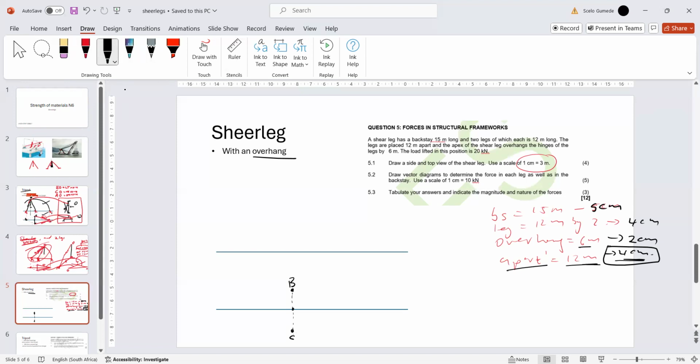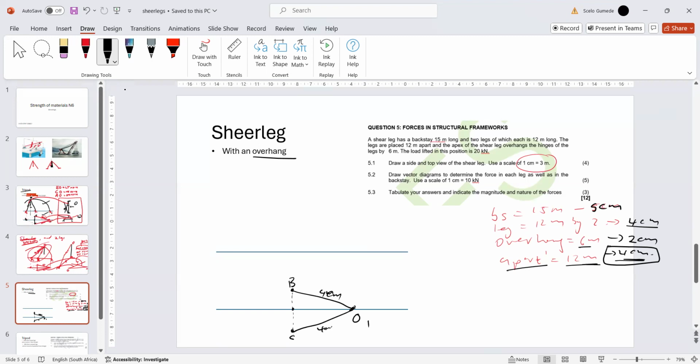Now, how long are the legs? The legs are 4 centimeters because they are 12. 12 divided by 3 is 4. So we've got 4 centimeters and 4 centimeters. So these are the legs.